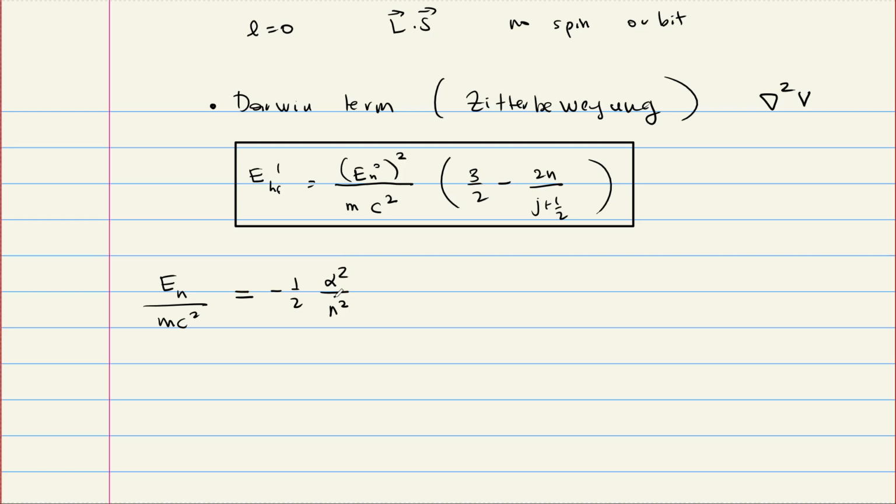This is the usual 13.6 term, plus 1 over 4 alpha to the fourth, 1 over n to the 4, and 3 over 2 minus 2n over j plus 1/2, plus dot dot dot. And we have to remember this alpha is 1 over 137, and we are talking about a very small correction here. Good. Any questions?